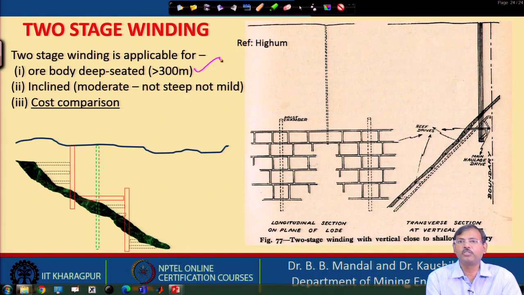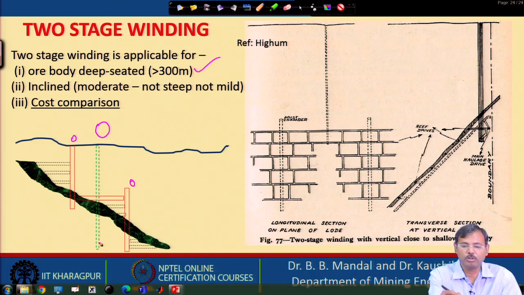This also has the benefit that our winder size is reduced, because the length of the wire is reduced. A small winder can be placed here, but in this case we have to provide a big winder that can take the load of the complete cable.